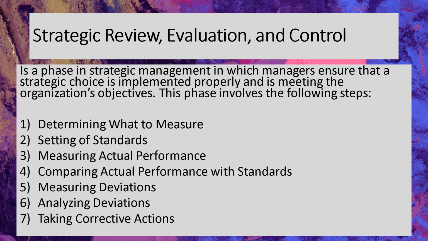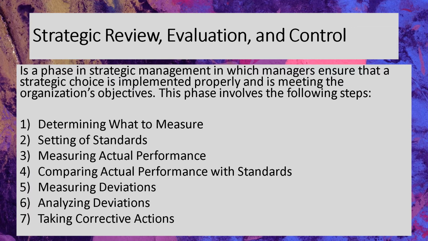Third is measuring actual performance. Measuring actual performance may involve measurements in qualitative and quantitative terms and in terms of time and cost. Managers may accordingly ask for performance reports from their employees. Fourth is comparing actual performance with standards. Actual performance must be objectively compared against predetermined standards. Deviations, if any, must be identified.